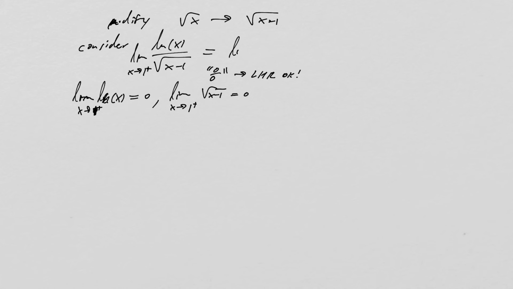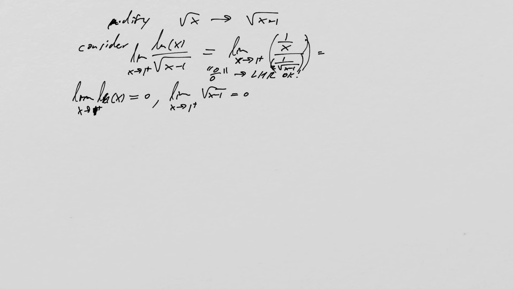So then, of course, we're going to write our limit symbol as we always do. It's common to forget, but we're going to always remember. And that's going to be 1 over x, over 1 over 2 root x minus 1. All right, so there's our function.